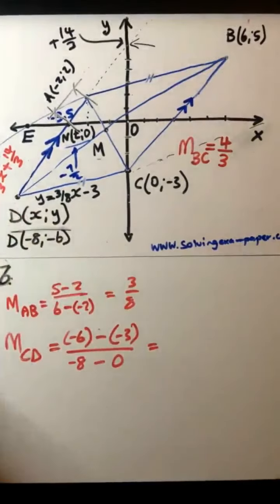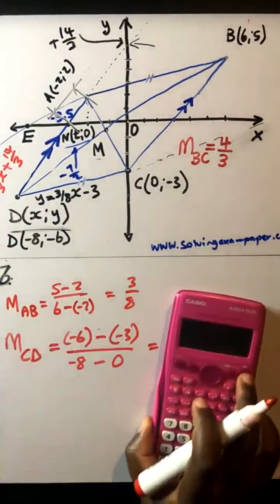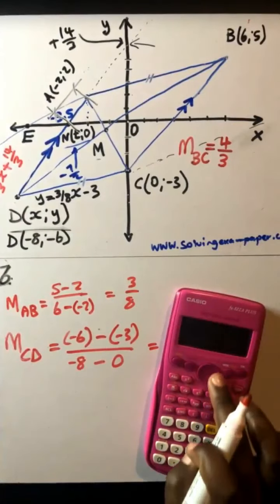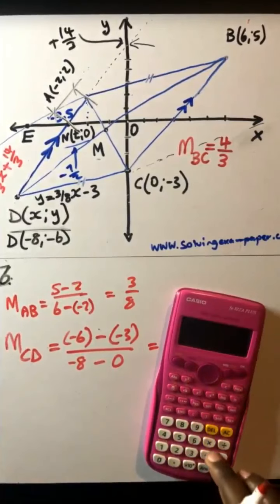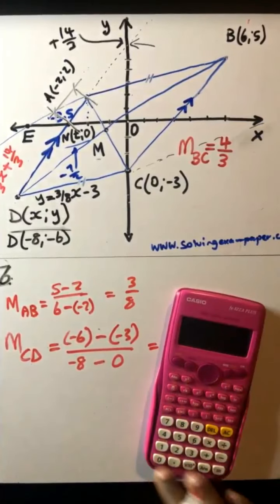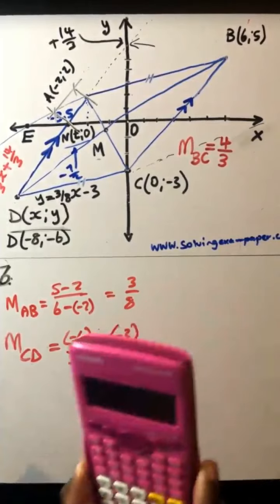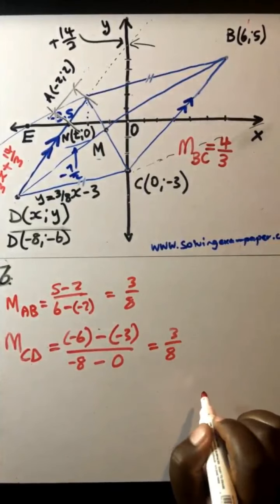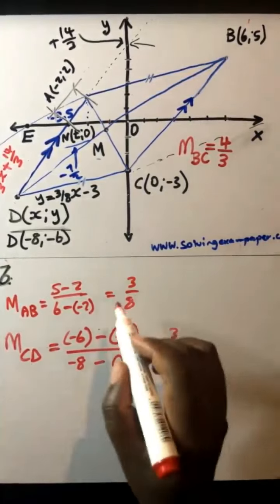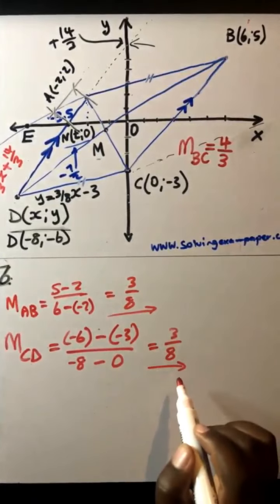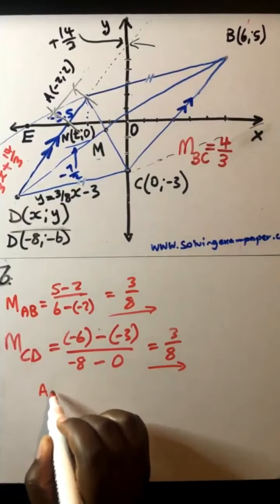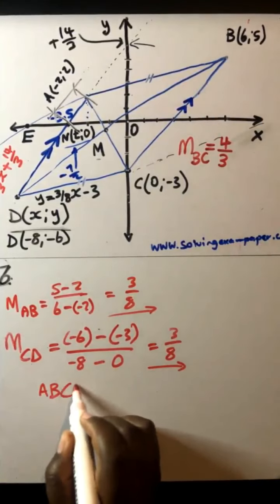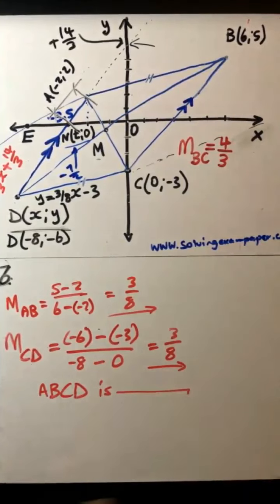On the calculator, negative 6 minus negative 3 over negative 8 minus 0 equals 3/8. Can you see, guys? 3/8. So this serves as proof that ABCD is a parallelogram.